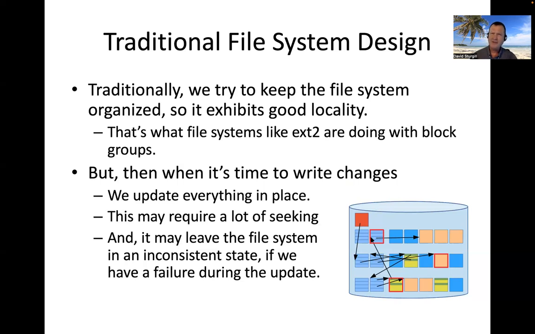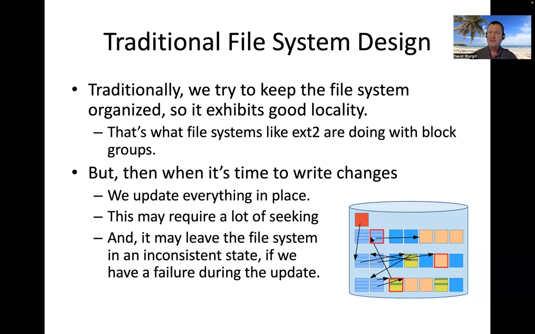So the traditional way of thinking of your file system is that it's a data structure that I have to keep organized, and I want to keep it distributed around the disk so that it's efficient to use. Whenever I update something, I go update it in place. So if I add to a file, I go change the last block of that file or graft on a new block or sector if I need more space.